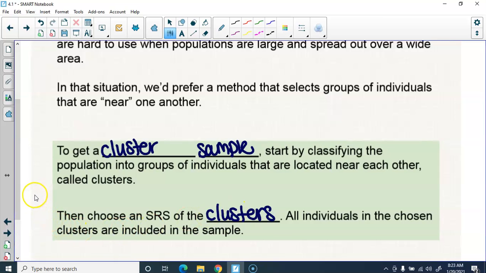All individuals in the chosen clusters are included in the sample. So that can be city blocks, it could be zip codes, it could be cities, depends on how large our population is, but clusters are individuals that are close to one another.